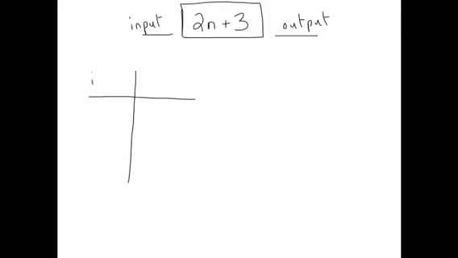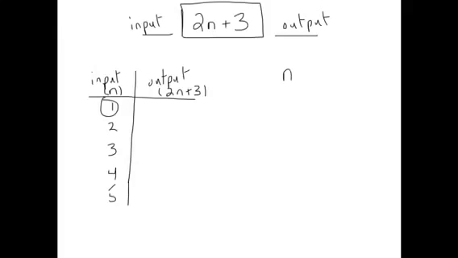So we can have input here, output, and the input of course is n, and the output is always going to be 2n plus 3. Well, let's make some input numbers, 3, 4, 5. Let's begin with 1.